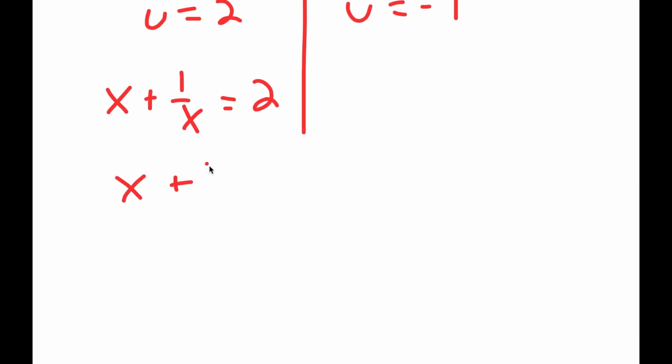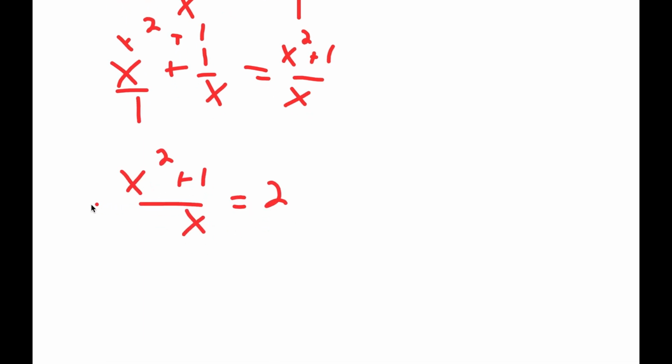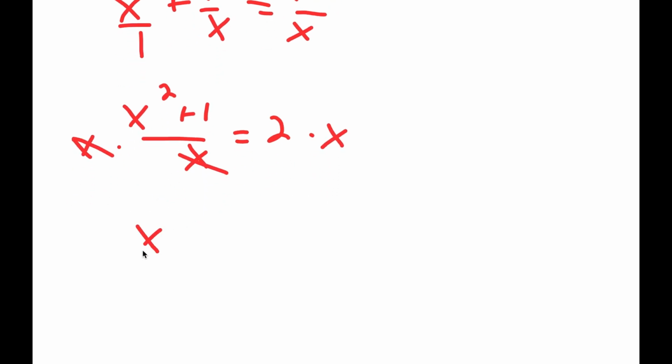So x plus 1 over x is the same thing as x squared plus 1 over x. So I have x squared plus 1 over x is equal to 2. And now if I multiply both sides by x, I get x squared plus 1 is equal to 2x.